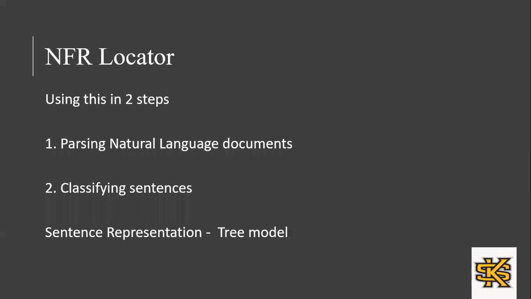So when coming to step 2, classification, after parsing, we will classify the sentence representation using the KNN classifier. That is K nearest neighbor classifier. In addition to KNN, we used naive Bayes and sequential minimal optimization using Weka classifiers. Why do we use Weka? For the sentence representation, we convert all the strings to word vectors.